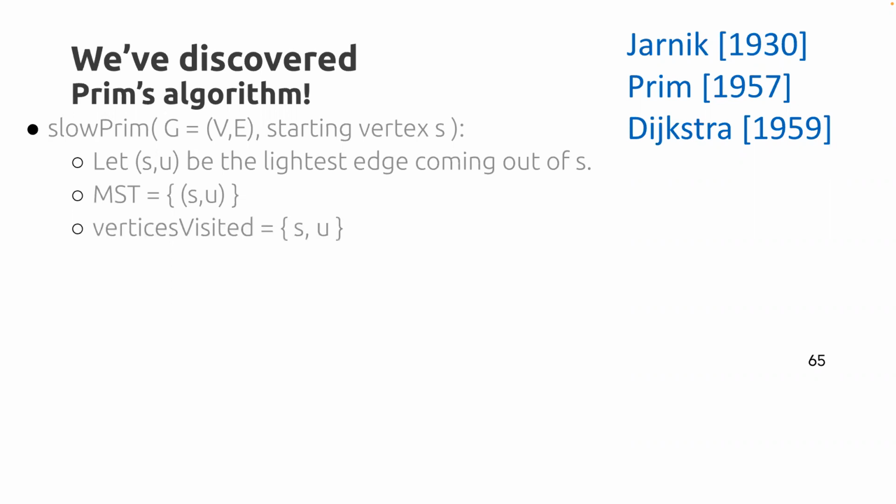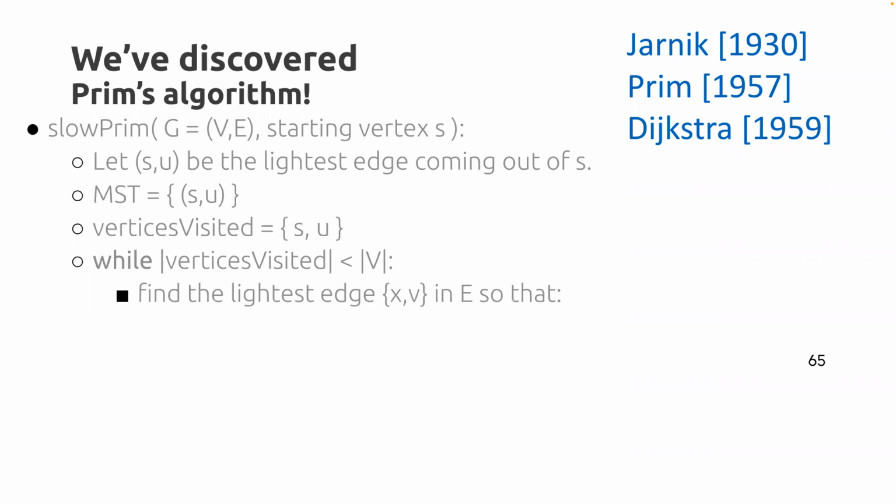Now you consider the vertices you've visited. So you have already visited S and U, right? And while the number of vertices you've visited is less than the size of the graph, so it's less than or equal to n-1, we find the lightest edge, xv, in the graph such that x is part of our visited vertices and v is not.